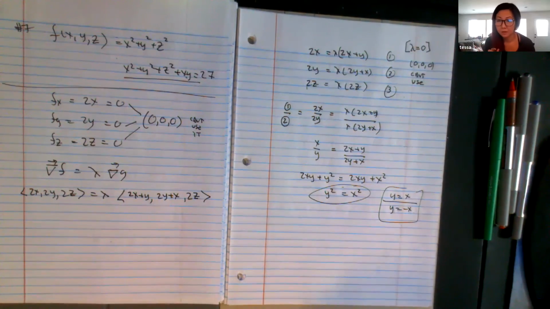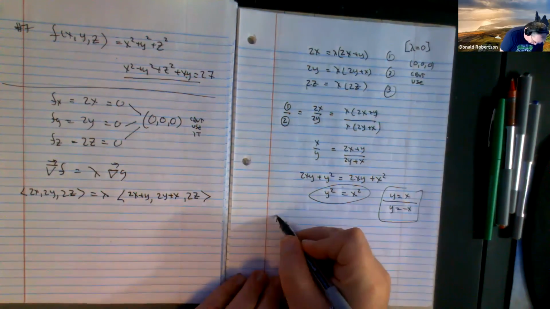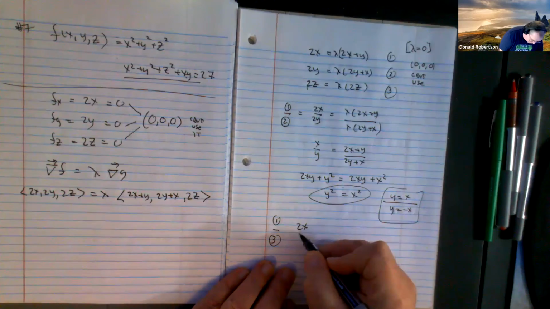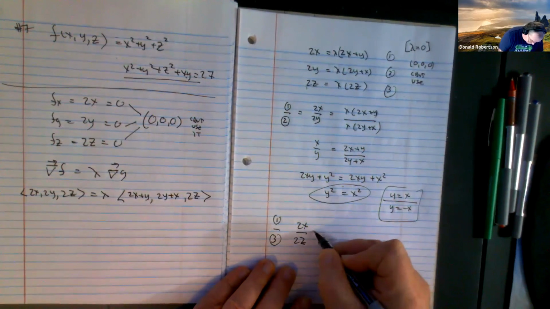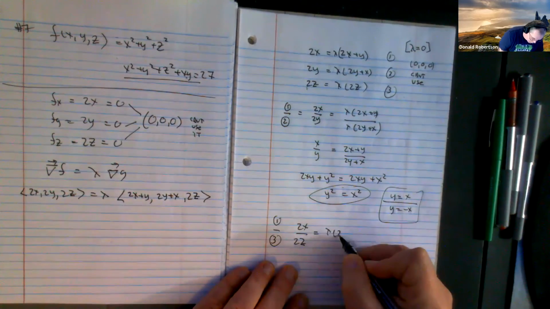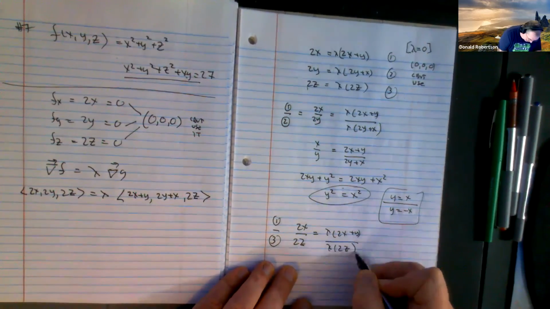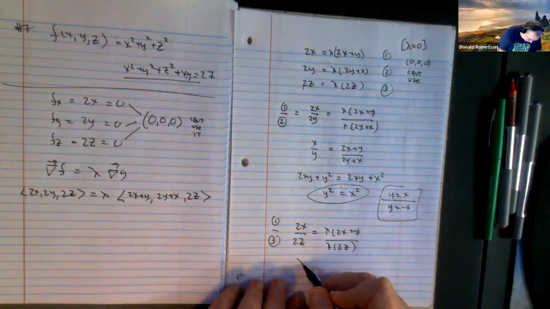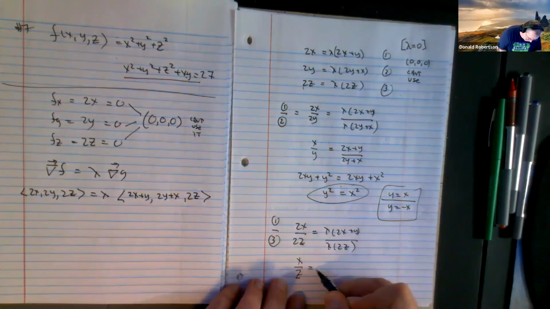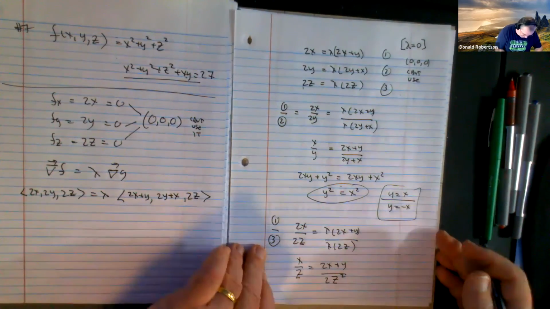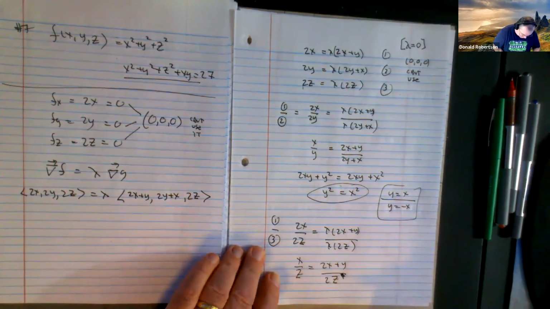Now, if you take equation 1 and equation 3, you get 2x over 2z equals lambda times 2x plus y over lambda times 2z. And that simplifies down to x over z is 2x plus y over 2z. Are we good with that?